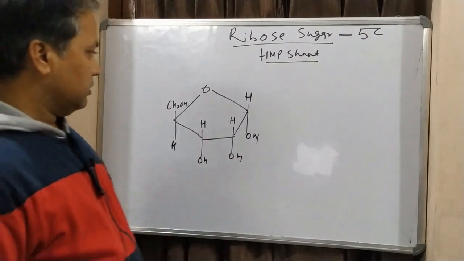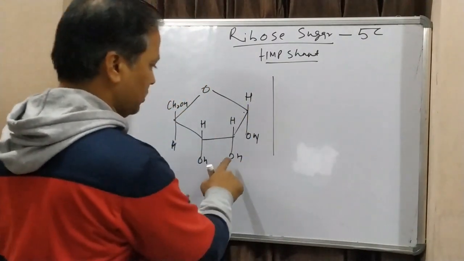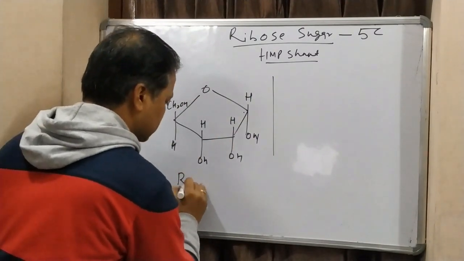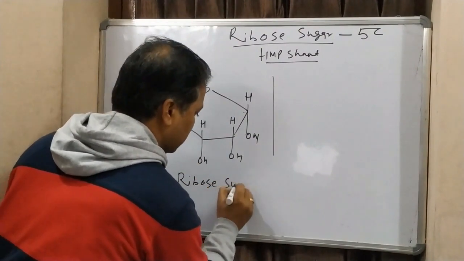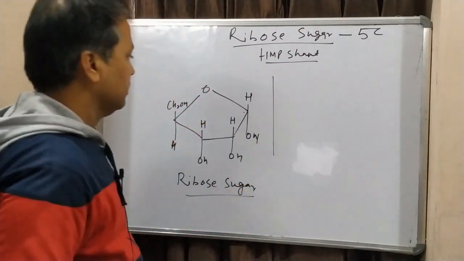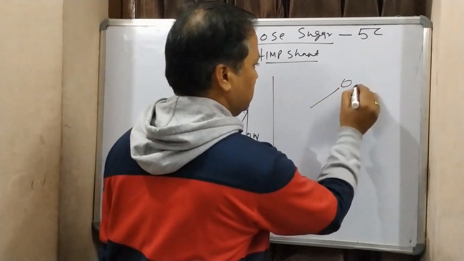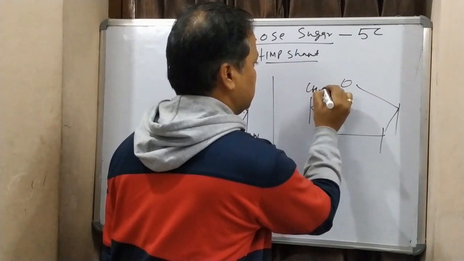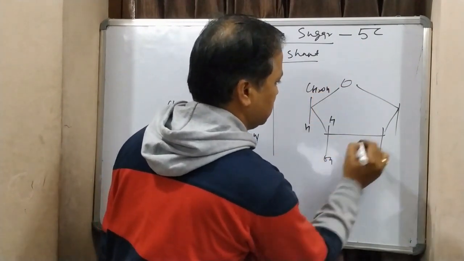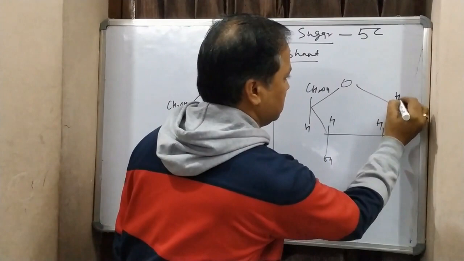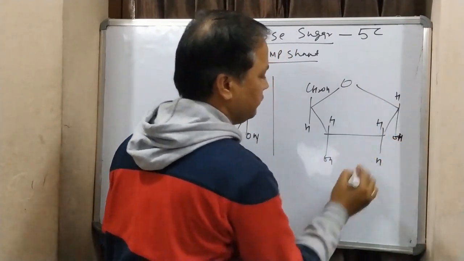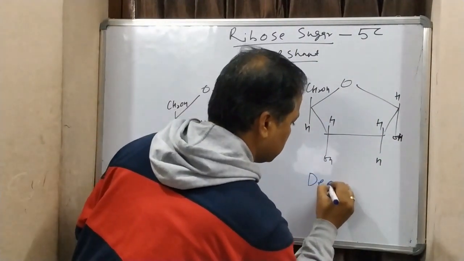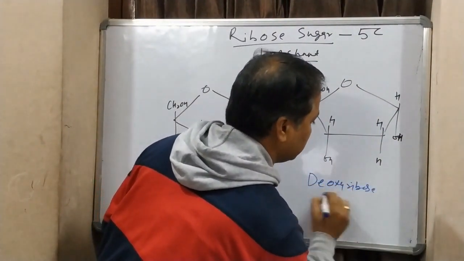This is the difference. This is one sugar. Because at every place we have OH, this is called ribose sugar. This is called deoxyribose sugar.